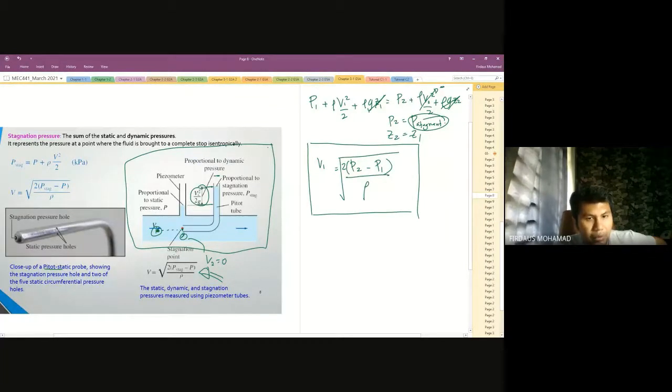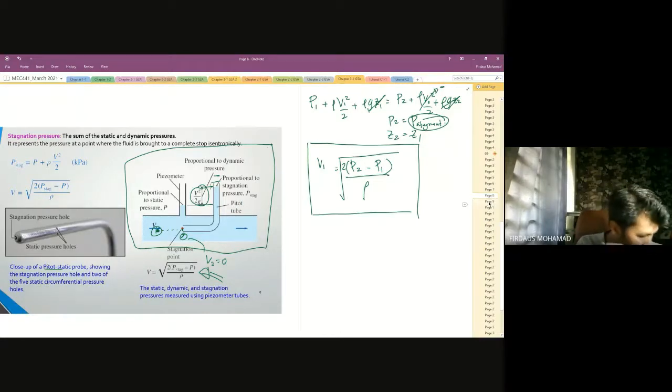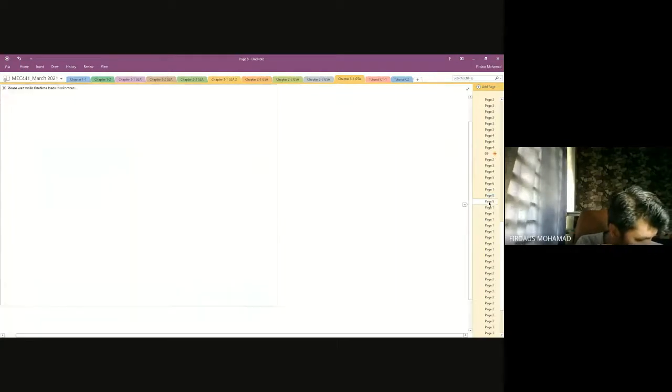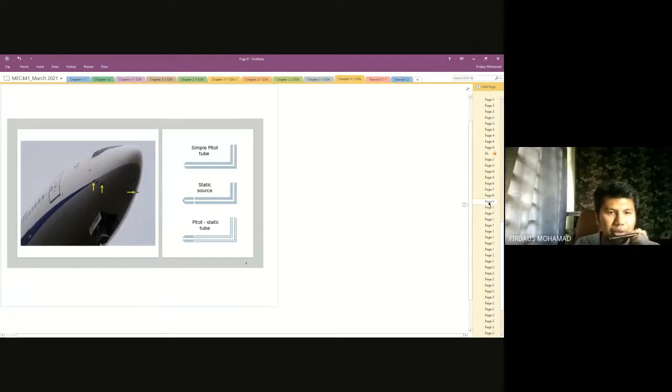So if V increases, this will also increase. Okay, so this is about the stagnation pressure based on the pitot tube. Can? Yes sir.